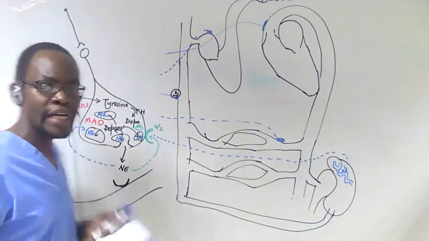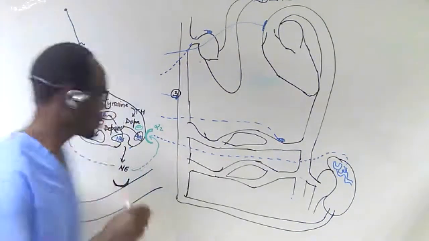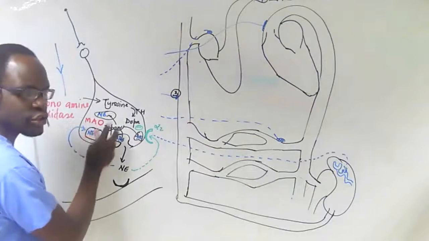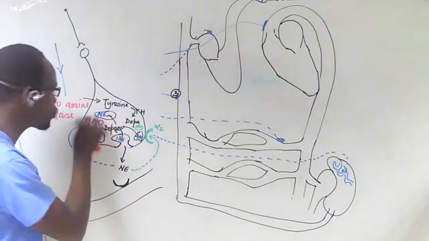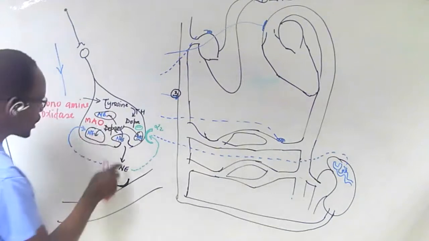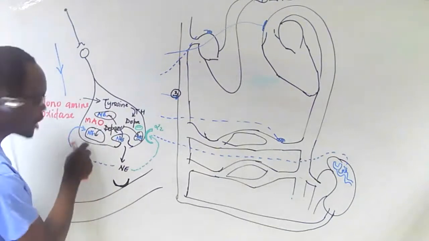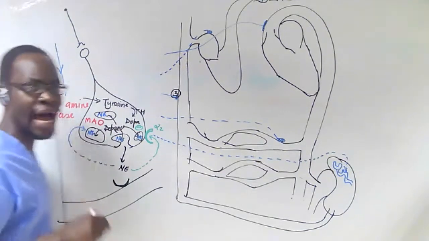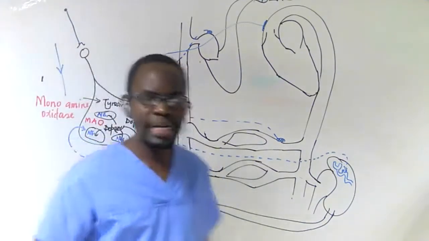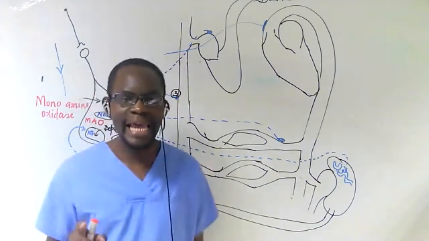Its role is to destroy the extra monoamines that are not within the vesicles. In other words, if norepinephrine is not pumped back into the vesicles, it will be destroyed by monoamine oxidase.